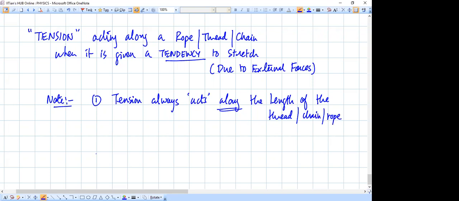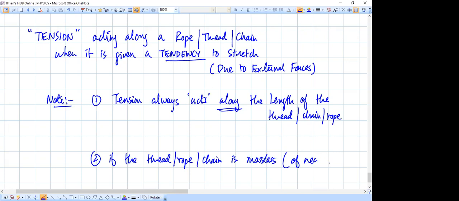And secondly, if the thread, rope, or chain is massless. Now, of course, nothing is perfectly massless. It means that it's of negligible mass, that means extremely small mass.